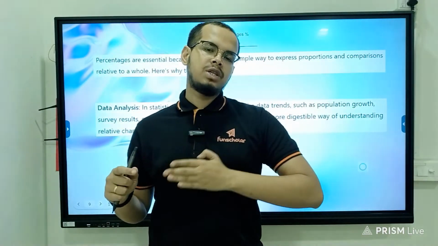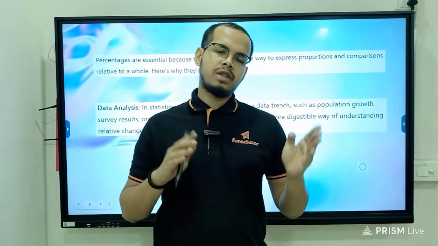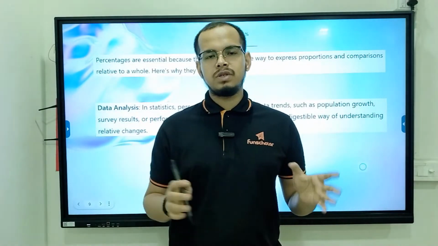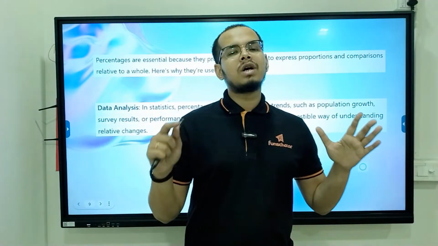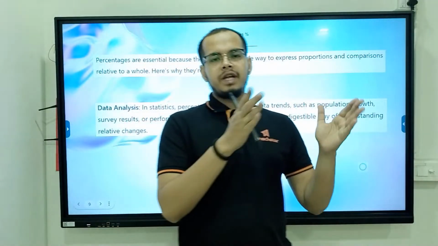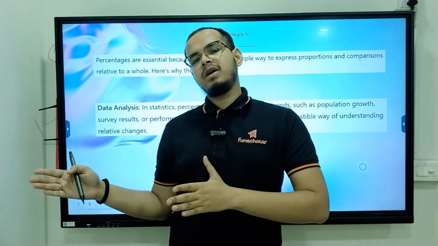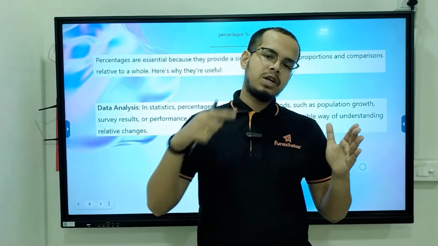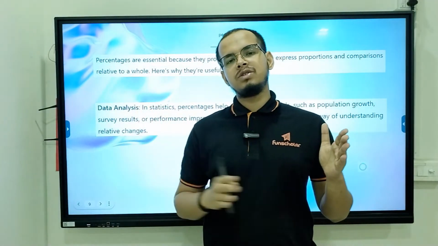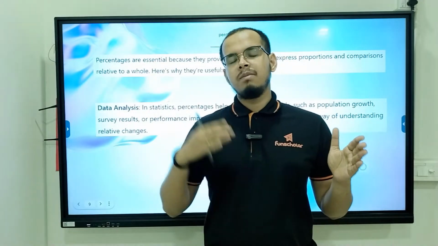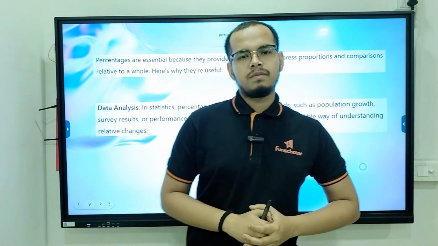So next year the population will be 9,000. 10,000 minus 1,000 is equal to 9,000. If I do it continuously, like first year 10,000, second year increase by 10%, third year decrease by 10%, then continuously we can do each and every step. This is known as successive percentage.